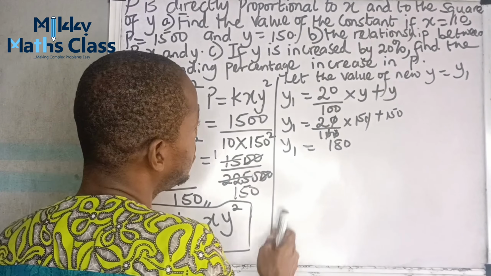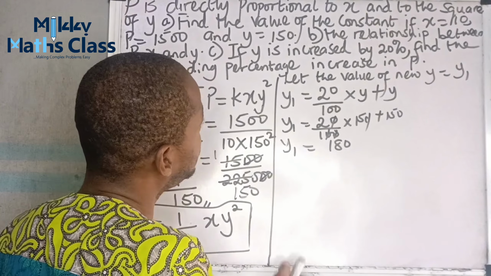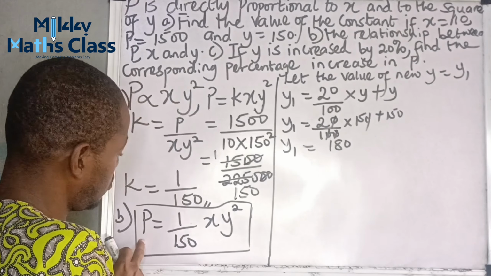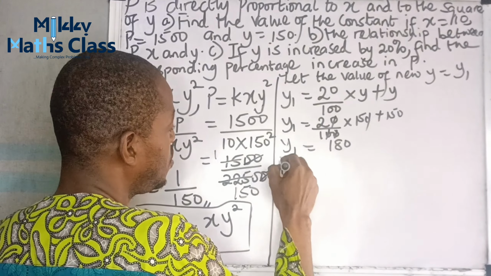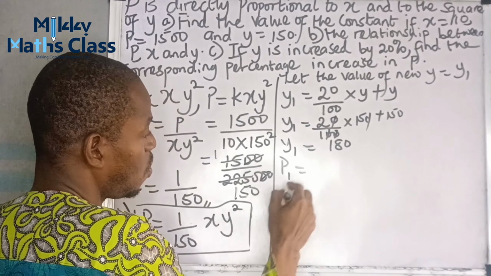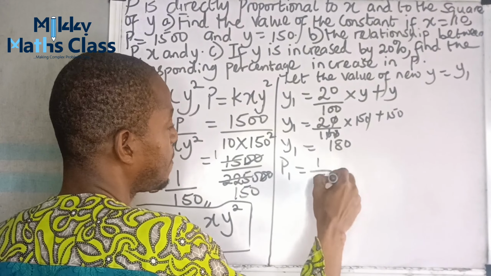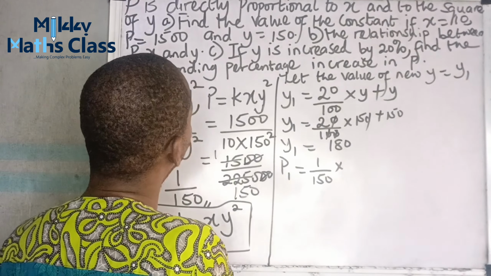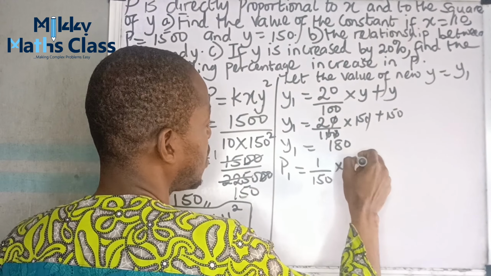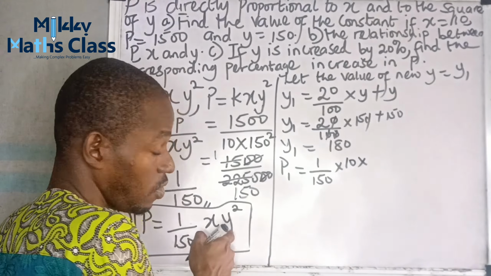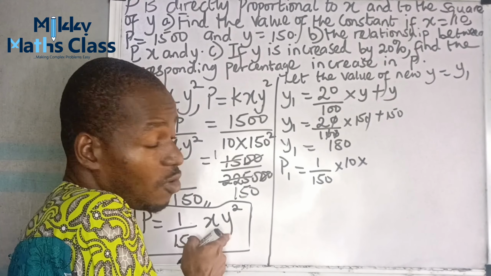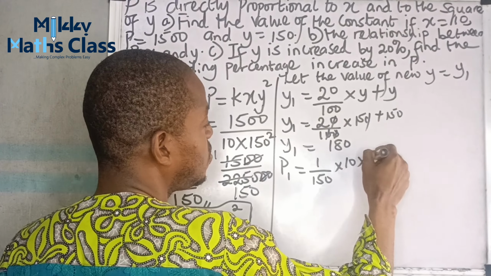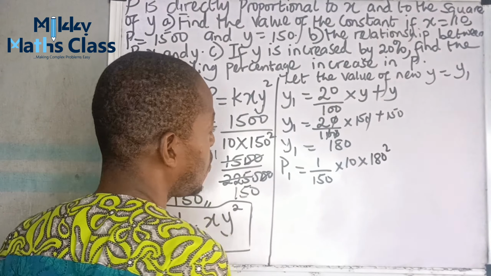Now it says find the corresponding percentage increase in P. Now our P, the first value of P, so let's look at it from this place. So our P1 will be equals to 1 over 150 times X, which is 10, times the new value of Y, which is 180, squared.